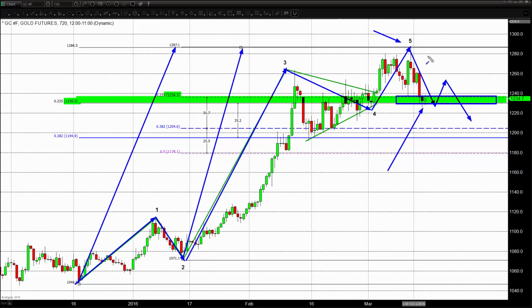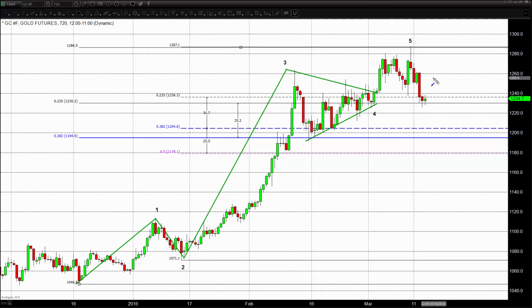Then, assuming this is our A wave right here, we want to calculate a B wave that's anywhere between 50 and 75% that of A.